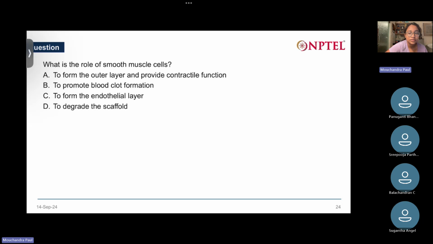What's the issue here for this unresponsive nature? It's fine. You can be frank. It's totally fine. What's the role of smooth muscle cells? Go ahead.